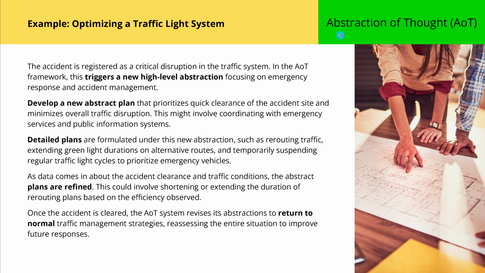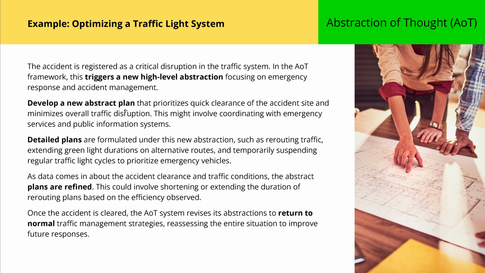Now we look now at exactly the same case here at the abstraction-of-thought level. We have an accident. This triggers here a new high-level abstraction in our LLM that has now to develop a new abstract plan.